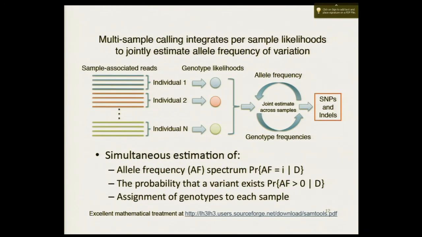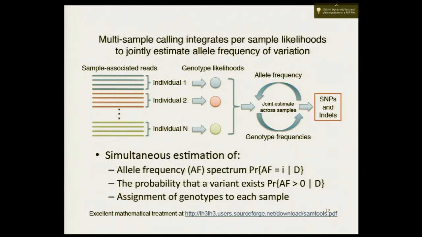So once you have these likelihoods for each of the samples, as I was saying, we combine the likelihoods to see what is the overall evidence for variation at a particular site. So we take these likelihoods, we do this math that we call the exact model, which is essentially based on the likelihoods, what's the probability of having a certain allele frequency across all of the allele frequency spectrum.